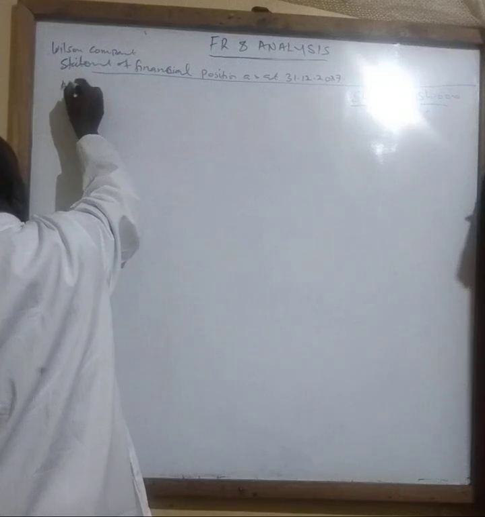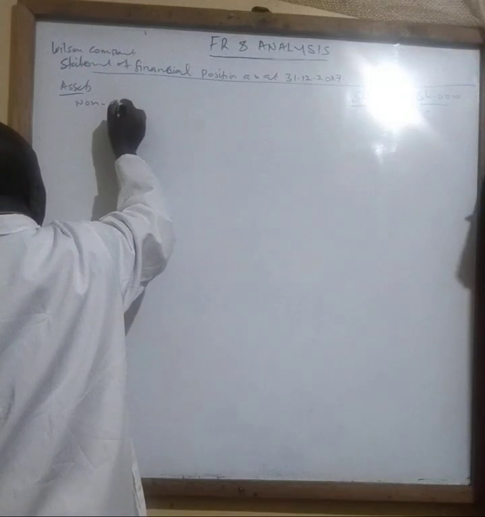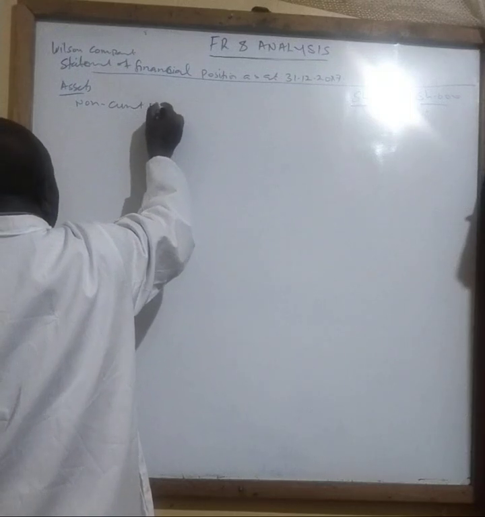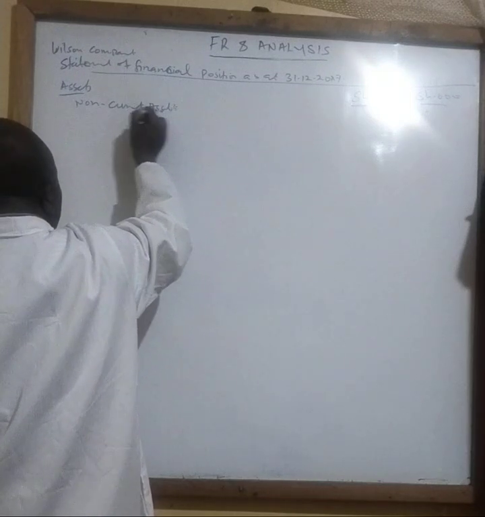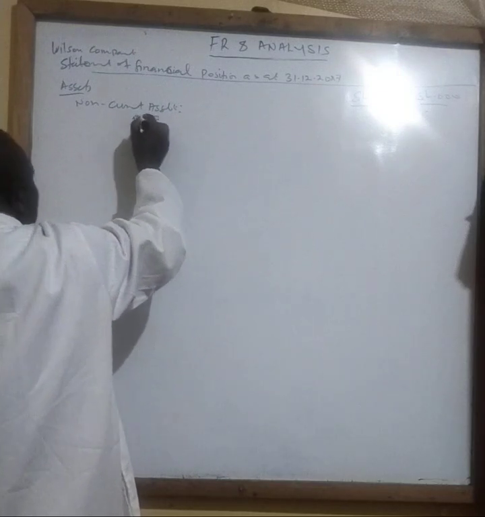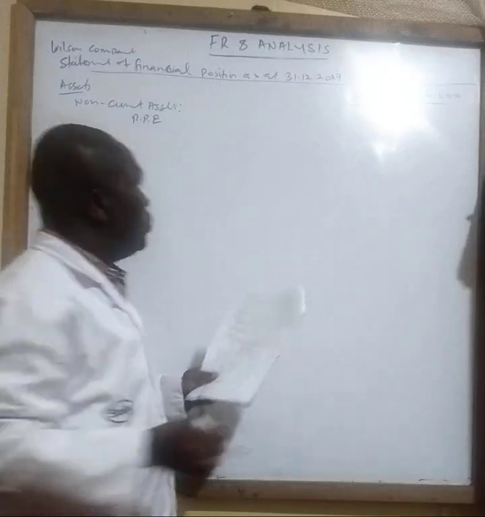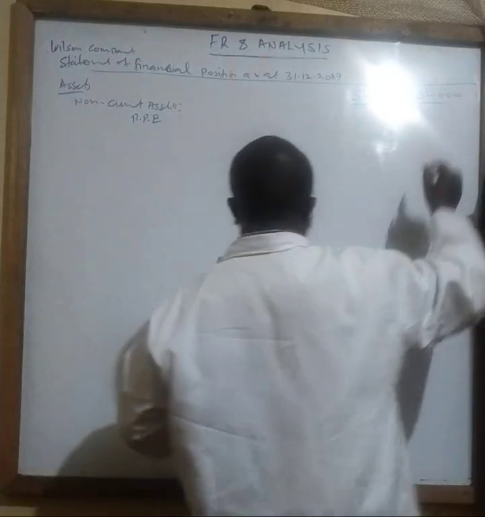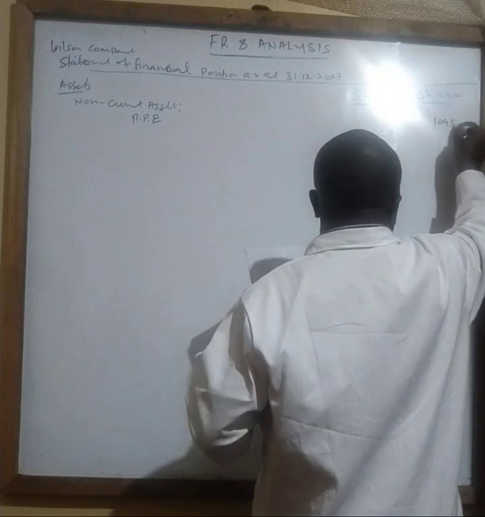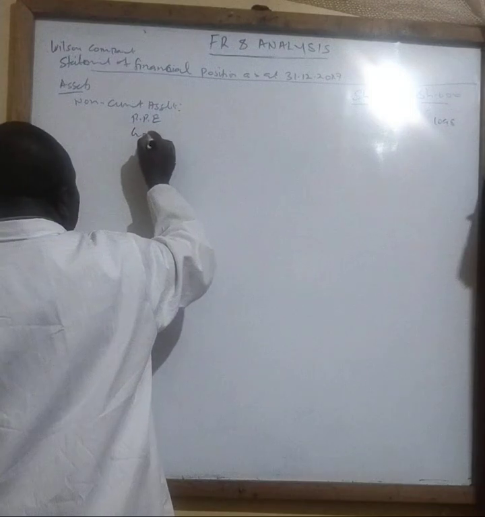Then you take the assets, then you say non-current assets. We have the PPE. The figure for the PPE is already in the PPE movement schedule. We found it to be 1098. Another element that will affect here is goodwill.